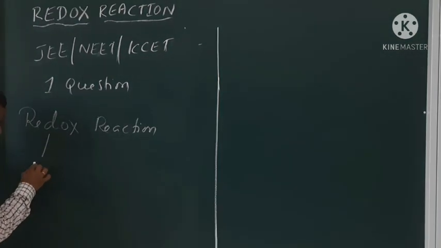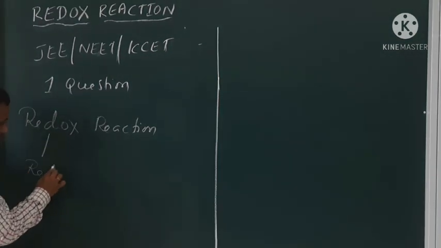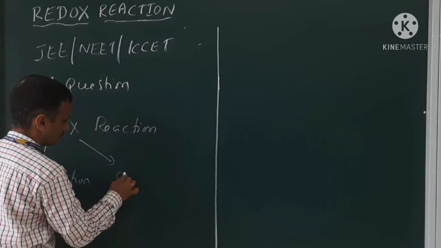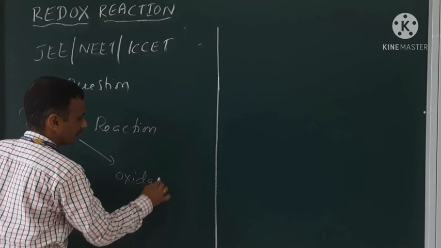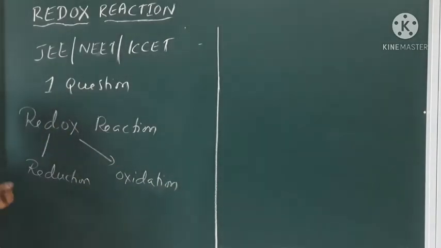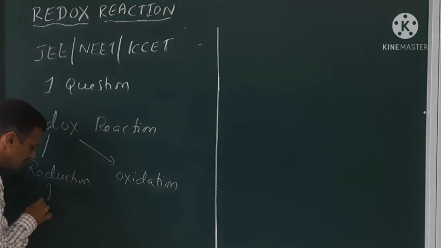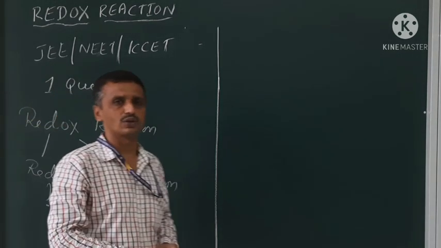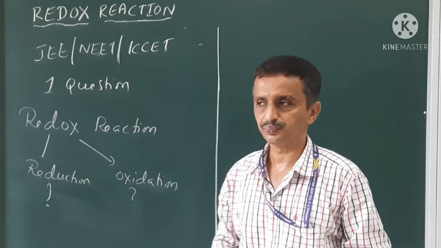This redox reaction contains reduction and oxidation. Now, I should know what is the meaning of reduction, what is the meaning of oxidation, also with examples.